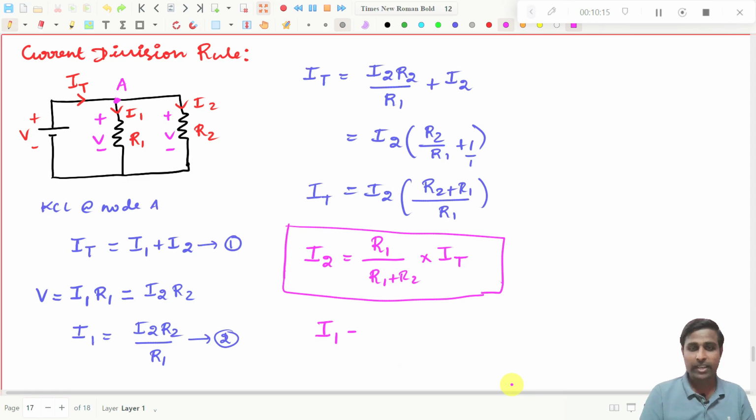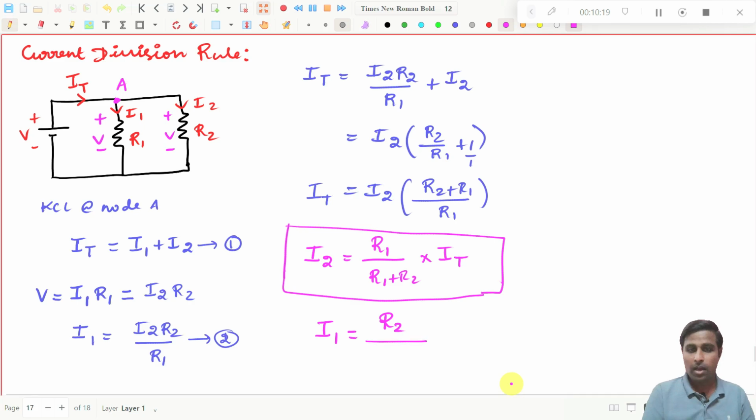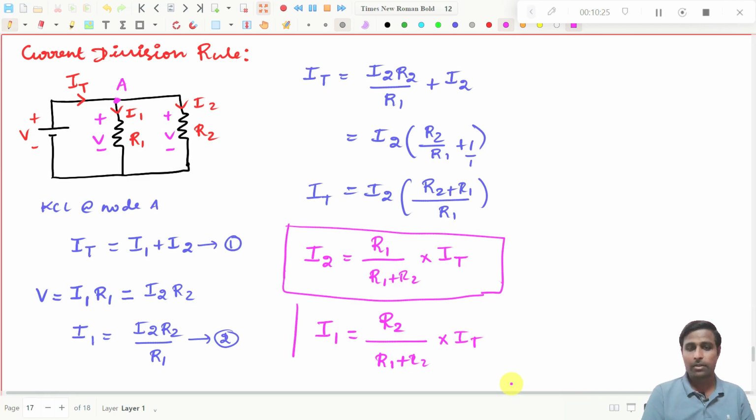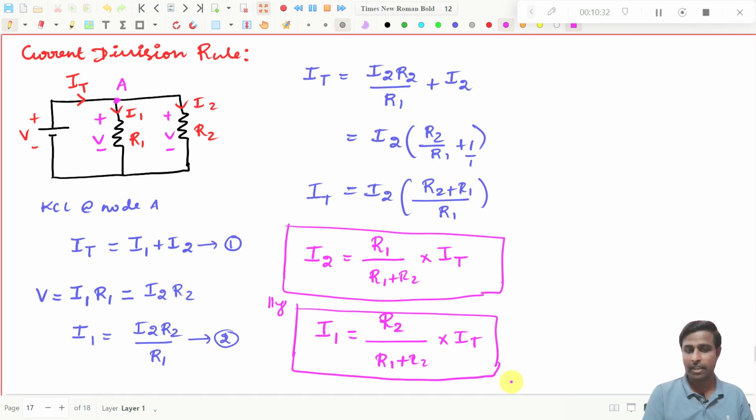I1 will be equal to R2 divided by R1 plus R2 into IT. So this is how you will get I1. I have taken I1 R1 to the other side, right? You bring R2 to the other side so that you get I2. You substitute that I2 in this expression, simplify, and you get the I1 expression like this.